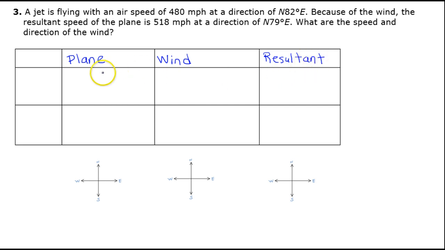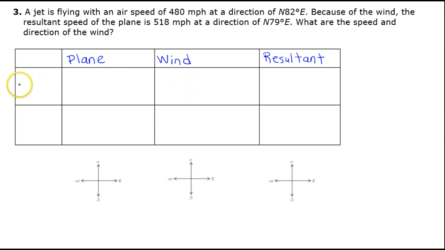Normally we're given the first two vectors and we are being asked to find the third. This problem is unusual because we're given the velocity of the plane and the resultant velocity, and we're being asked to find the velocity of the wind.